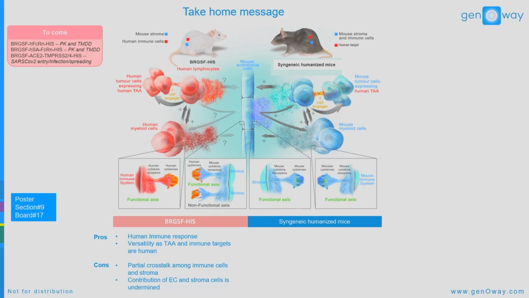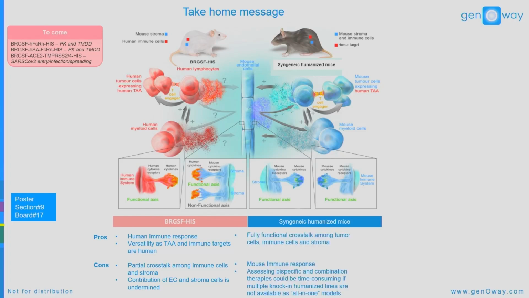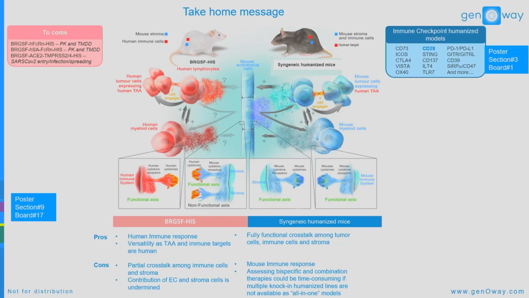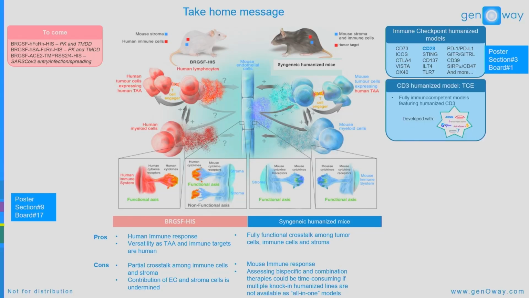This is why we decided to keep, next to the HIS mice, syngeneic mice which are fully human. And in order to enhance the translatability of these models, we also included in our catalog models which have a human CD3 for T-cell engagers.